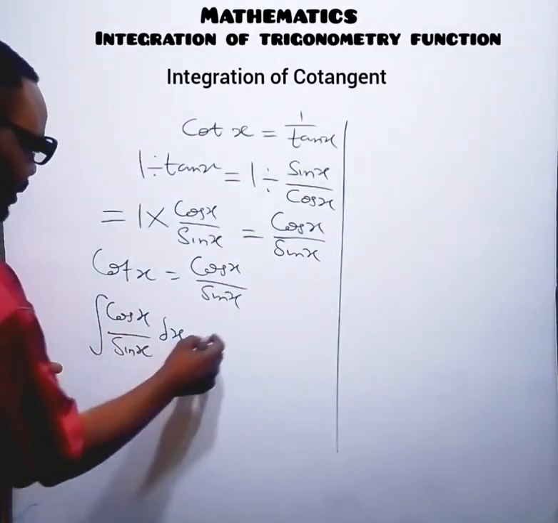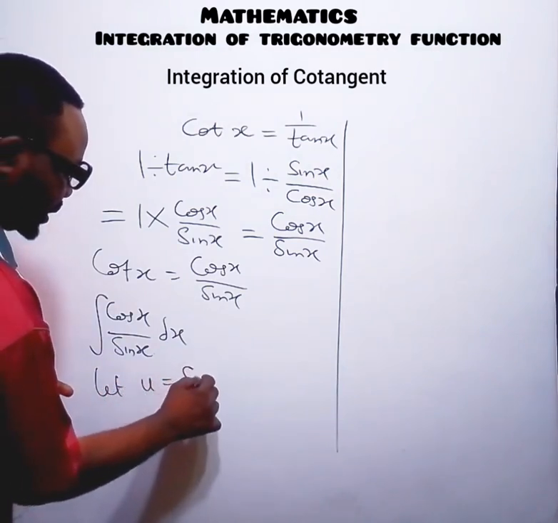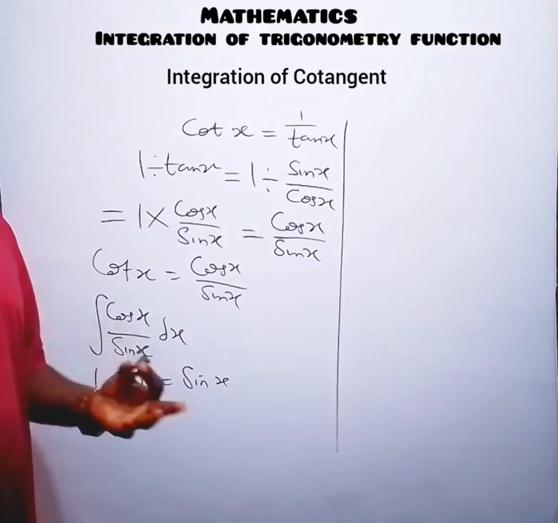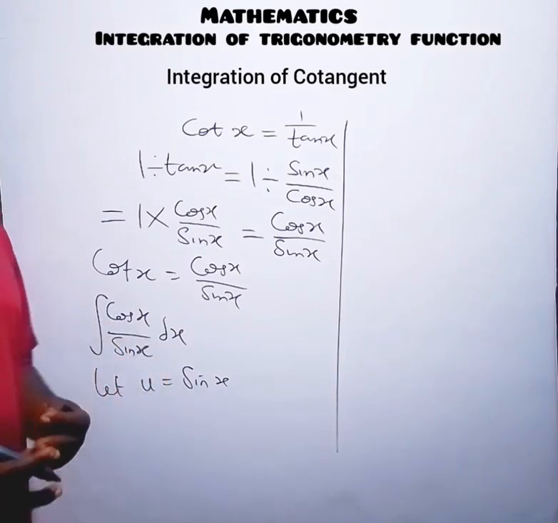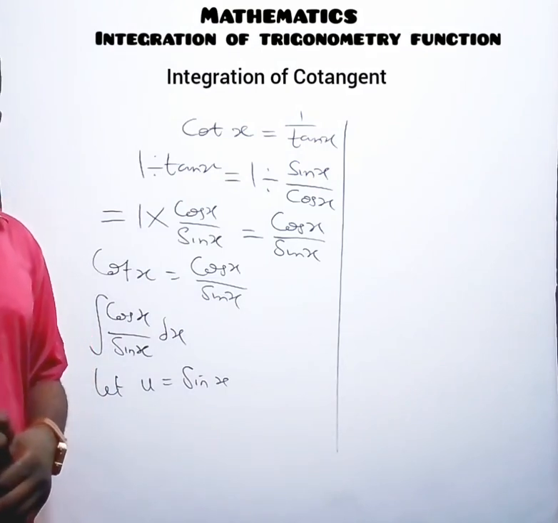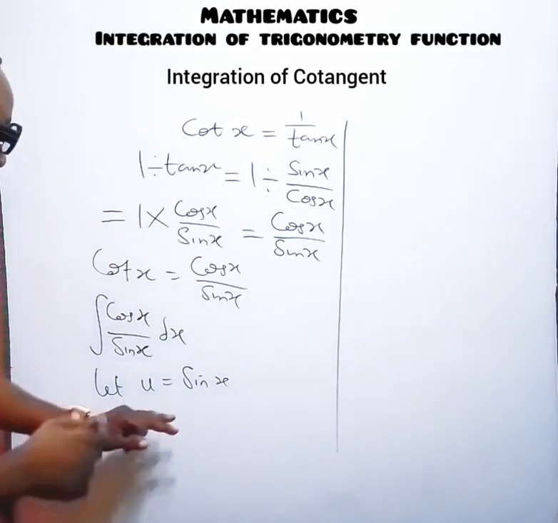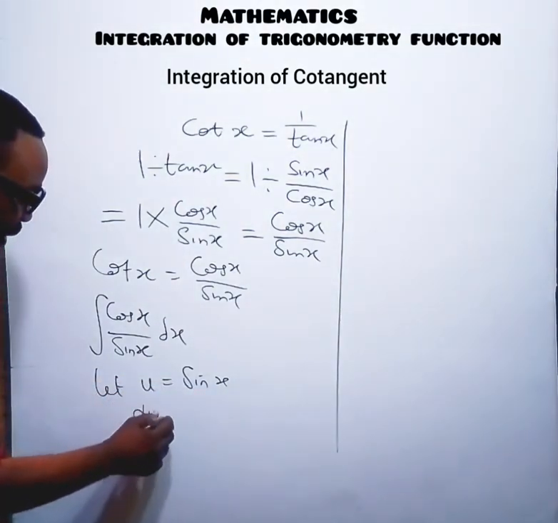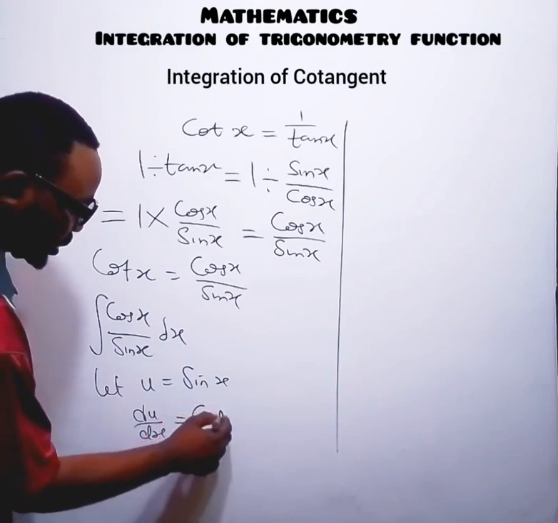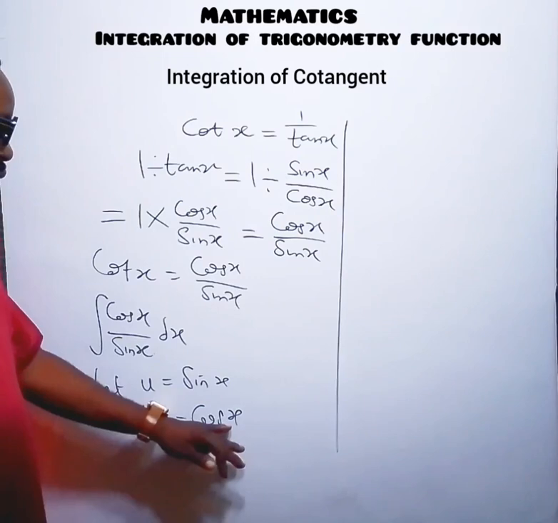We can say that let u equal sine x. If u is equal to sine x, we have to differentiate this u. The du/dx will be equal to cos x.